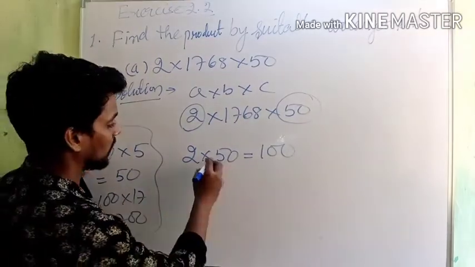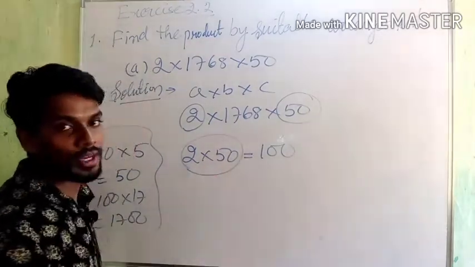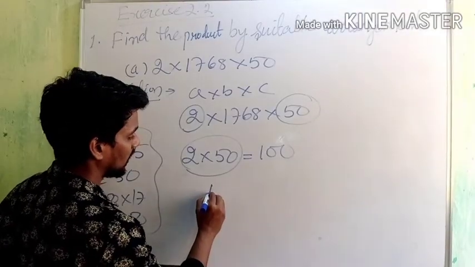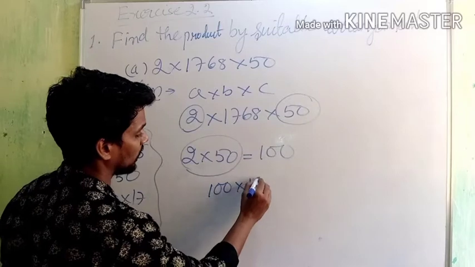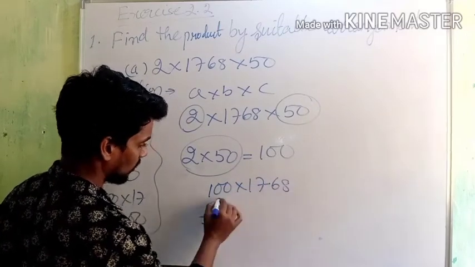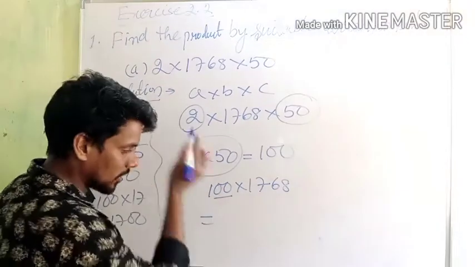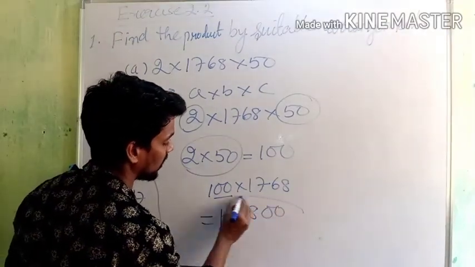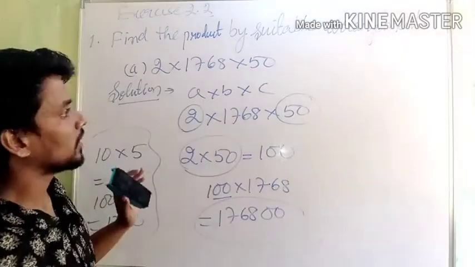So 2 into 50 is 100. Now we have 100 into 1768. Here only 2 zeros are there, so nothing else to do: 1768 and I'll add 2 zeros. This will be the answer for this question.